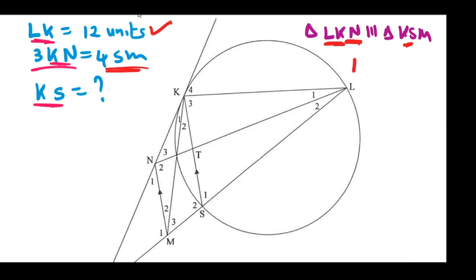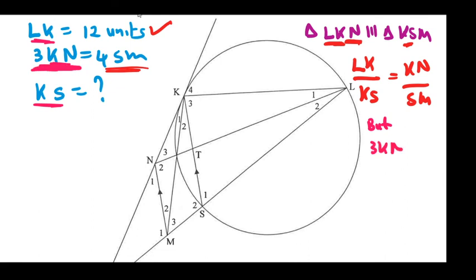So we said LK divided by KS is equal to KN divided by SM. But we are told that 3KN is equal to 4SM, right? So you divide by 3 both sides. KN is equal to 4 over 3 SM, right?